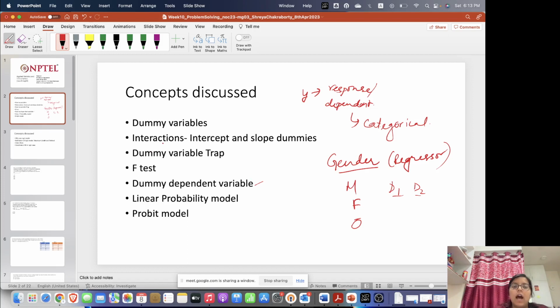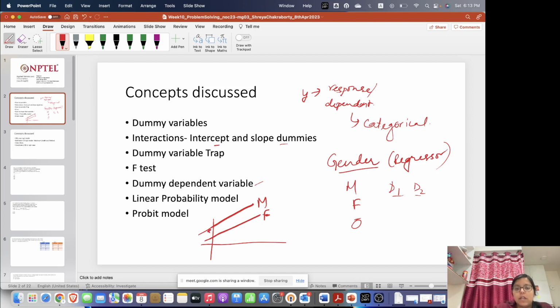Also we learned how to separate a regression equation based on intercept and slope dummies. Say we have an equation for males and one for females, and let this regression be for wage.